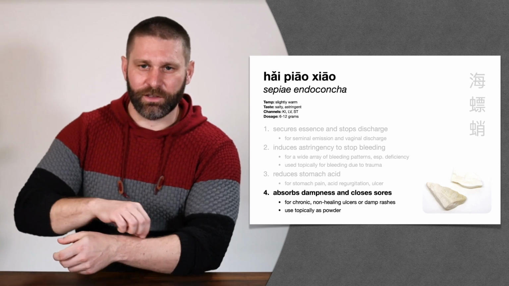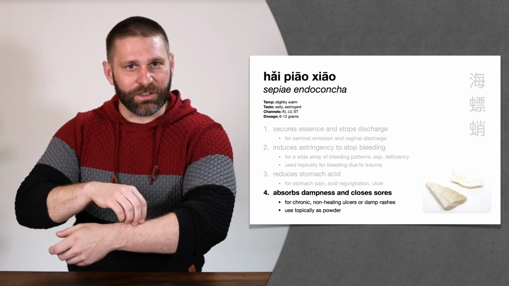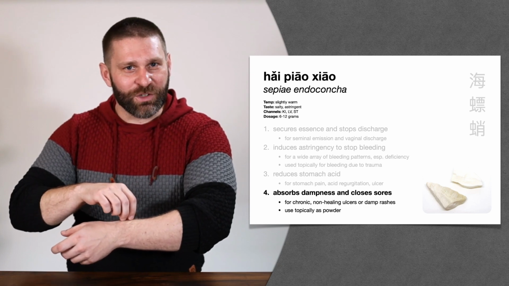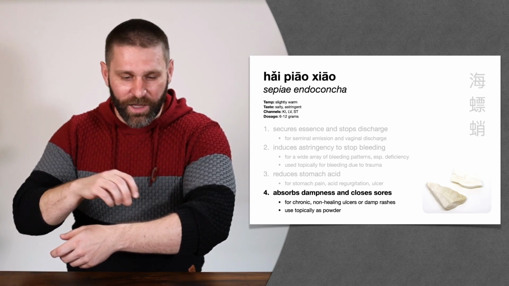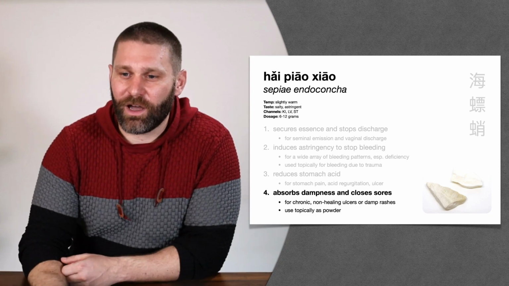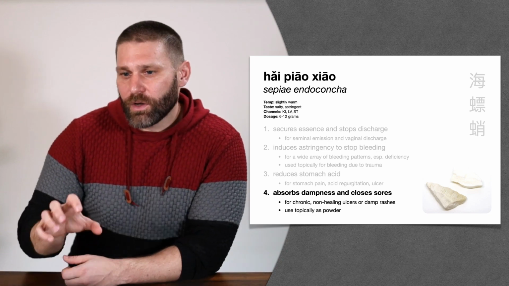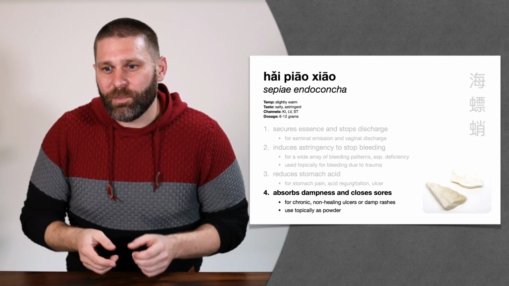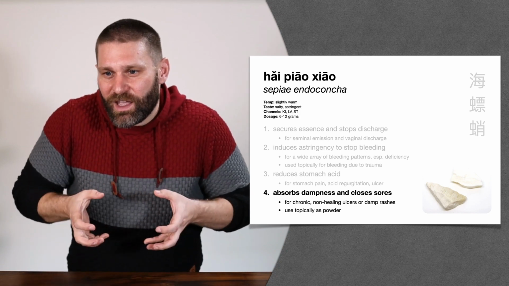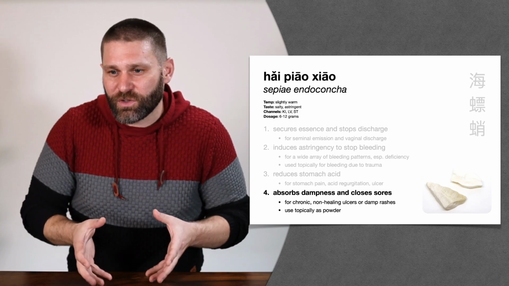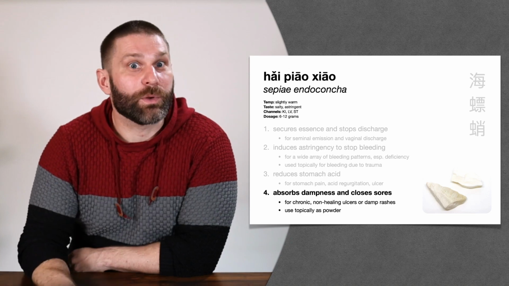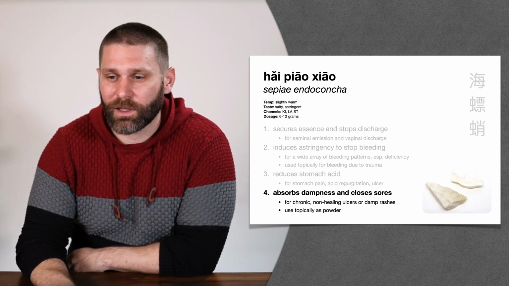If you're bleeding, you can sprinkle on some Hai Piao Xiao and it will staunch the bleeding. If you have some dampness, oozing, some moist rashes, you can sprinkle on some Hai Piao Xiao and it'll soak that up. So maybe that's how you can think about this, soaking up dampness: it's good for dampness as in vaginal discharge, but also for dampness in terms of rashes. But I'd say the most famous one is Hai Piao Xiao is good for stomach acid.